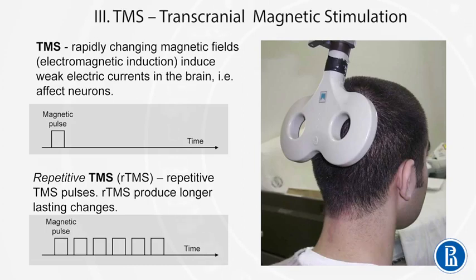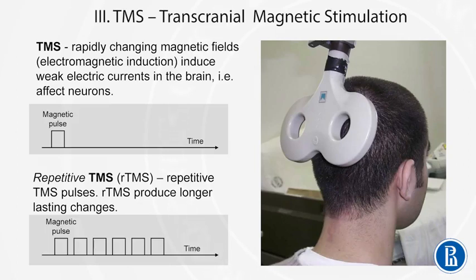So by rapidly changing the magnetic field, we can induce inside of the brain some rapidly changing electrical currents that will disturb activity of neurons. So by a single magnetic pulse, we can temporarily and quickly disturb activity of a certain neuron population. By repeated magnetic pulses, we can shut down or inhibit activity of this region for 10-20 minutes.